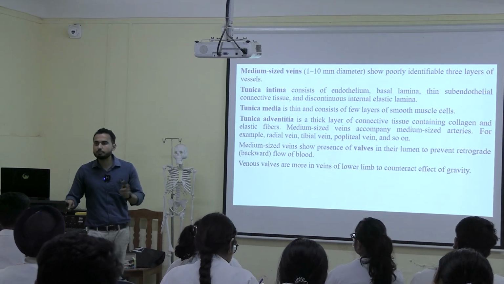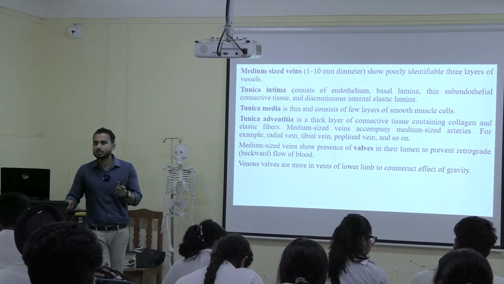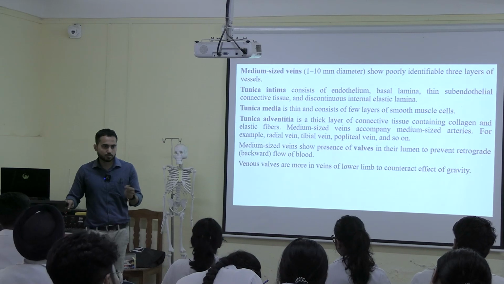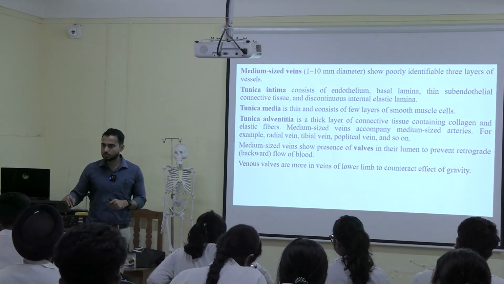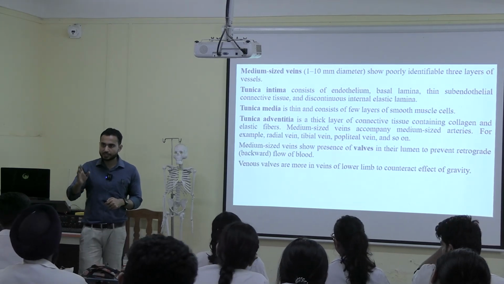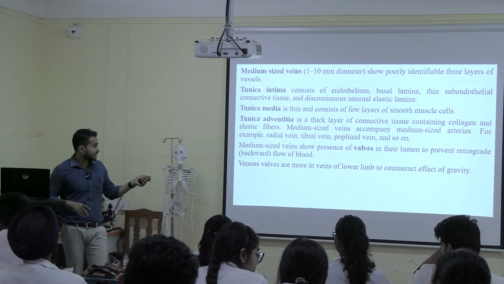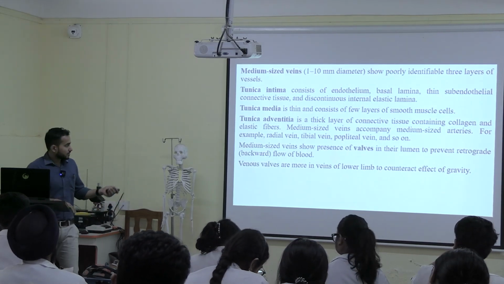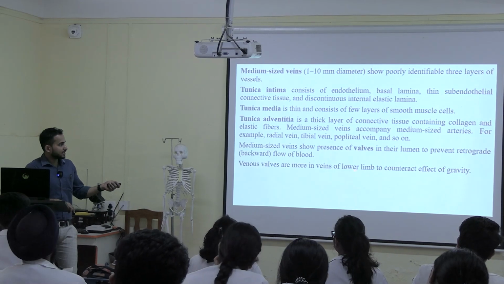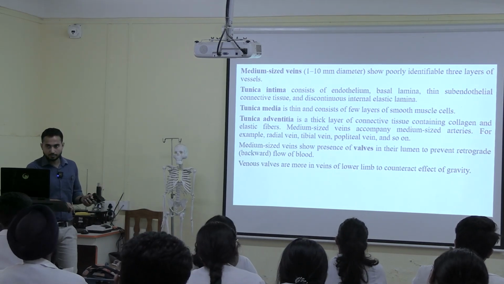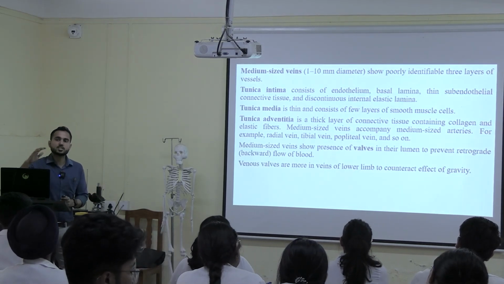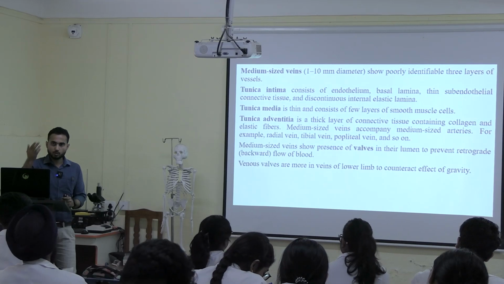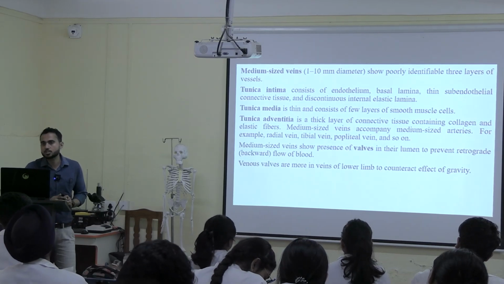If there is any incompetency of the valve, then what is the condition called? Varicose vein. Very good. So the same valve which you have studied is present inside the medium sized veins. As you can see, venous valves are more present in the lower limb because they support the column of blood which is required to flow the blood in opposition to gravity.